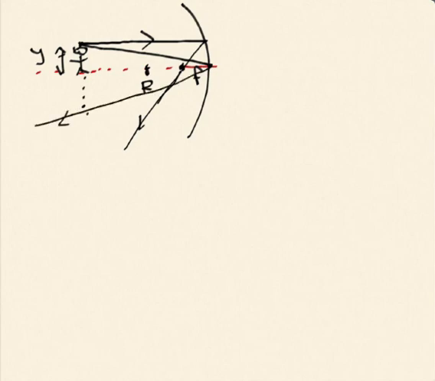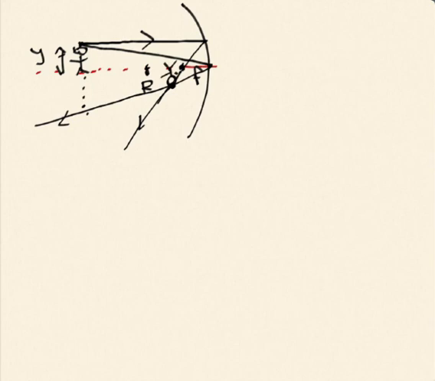I didn't quite make that, but that's close enough. And so now I've found a point where the image is going to be, right there. Now I can draw another ray, which I'll skip doing. But you can see the head of the person is going to show up down here. Now I can go through and do the body and the legs, and I'm going to find the person will show up inverted, just like this.